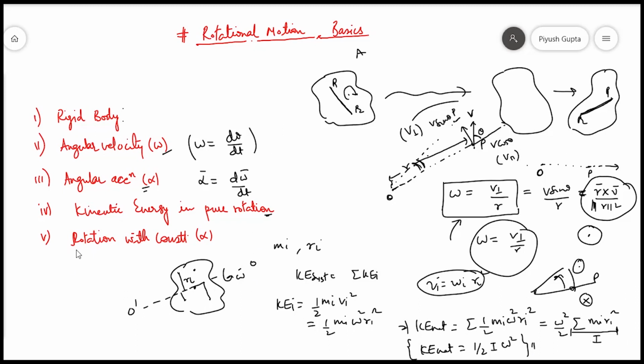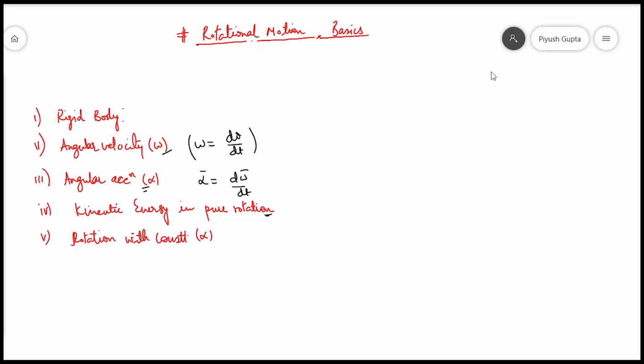Okay, so let's move on to the last topic of this video, that is rotation with constant alpha. As we have seen in kinematics, if a is constant, we can derive several equations like v equals u plus at, s equals ut plus half at square, and then the scalar formulation v square equals u square plus 2as.